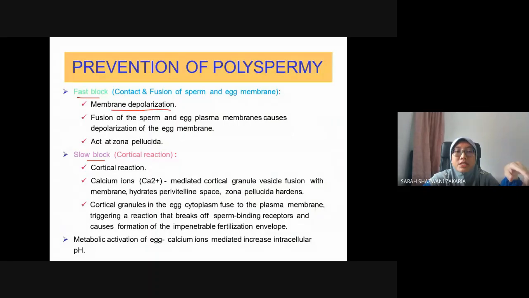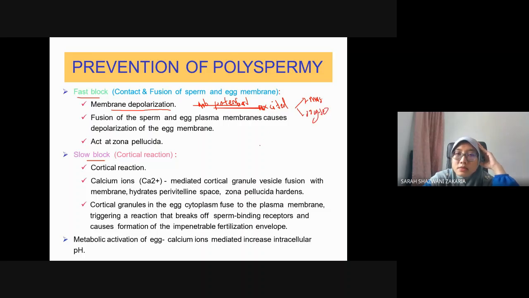Membrane depolarization is the disturbance of membrane potential. For this, we have to refresh our knowledge on excitable cells or neurons. Excitable cells, for example muscle cells and the oocyte.